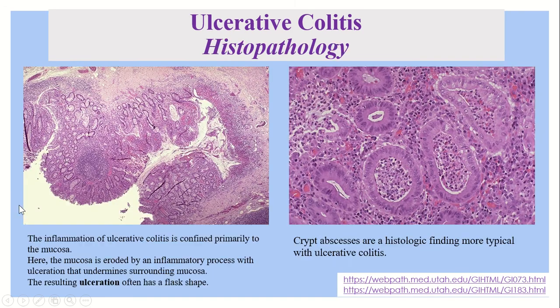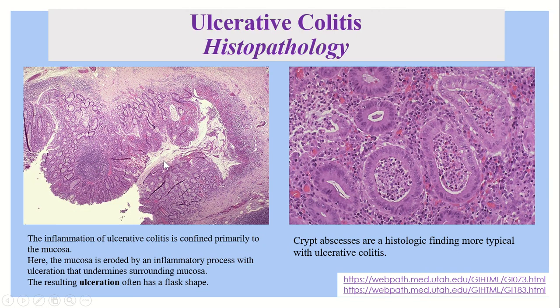And histopathologically, the inflammation of ulcerative colitis is confined primarily to the mucosa. For example, later we'll discuss Crohn's disease, which affects all of the layers of the large intestine. But in ulcerative colitis, as we said, the inflammation is limited only to the mucosa.